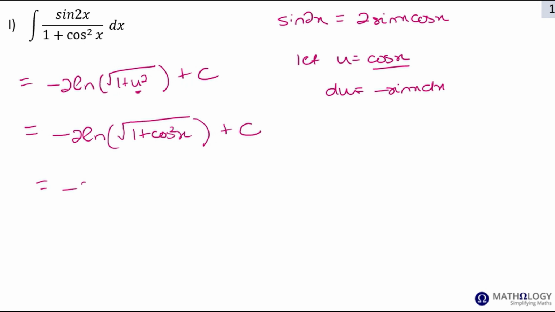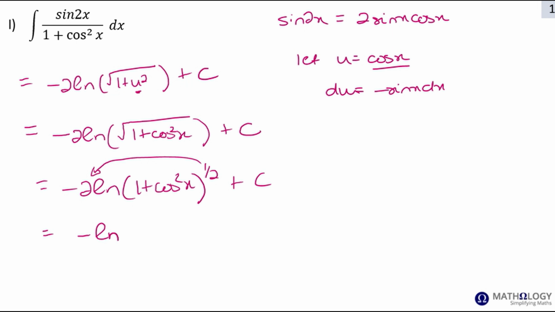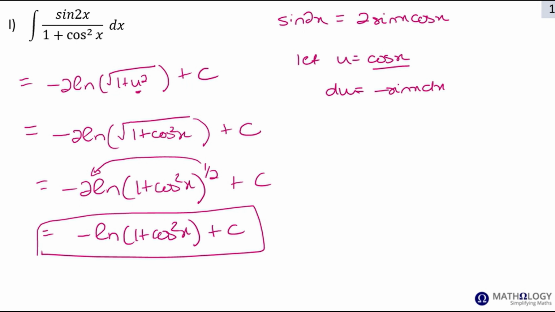It might be neater to do that, so we can write this as ln 1 plus cos squared x to the half plus c. And using log laws, we can bring this half to the front here and multiply it by minus 2. So minus 2 times half is minus 1, so it's minus ln 1 plus cos squared x plus c, and that is the final answer.